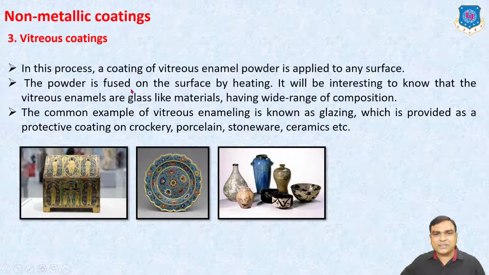The powder is fused on the surface by heating. It will be interesting to know that the vitreous enamels are glass-like materials having a wide range of composition. The common example of vitreous enameling is known as glazing, which is provided as a protective coating on crockery, porcelain, stoneware, ceramics, etc., which are shown in this image.